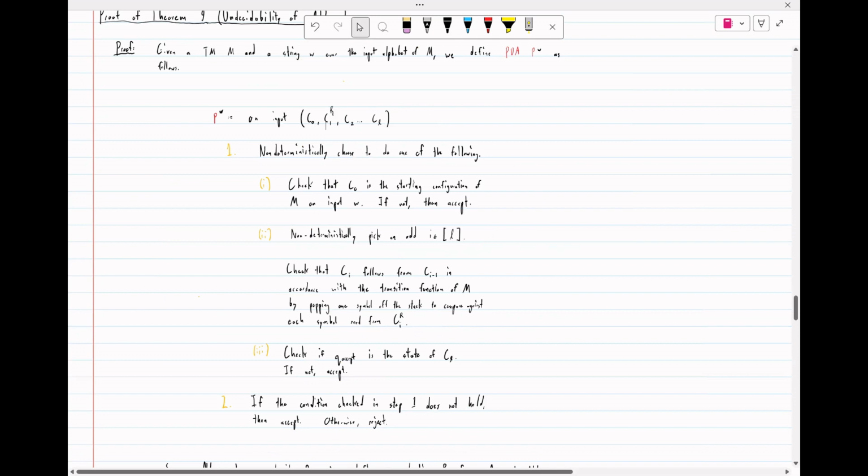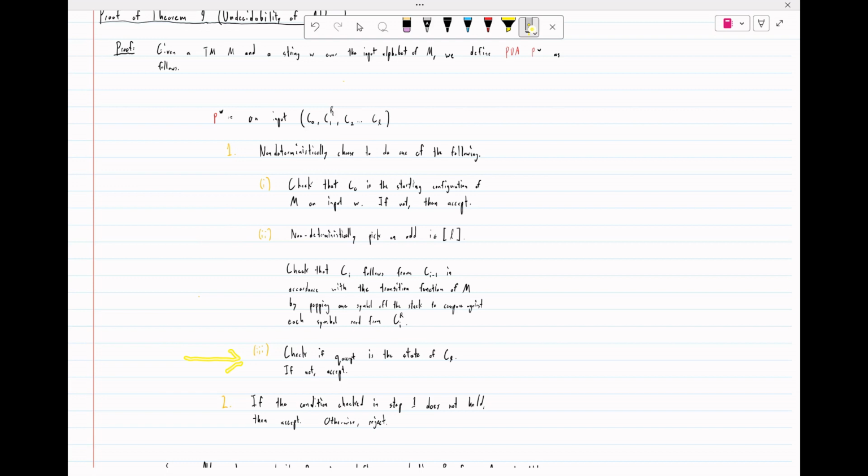Here's how our PDA is going to work. Non-deterministically choose to check one of the conditions necessary to be an accepting computation. So maybe it checks to see C0 is the starting configuration. Maybe it checks to see that each configuration follows from the previous one. And it can do that by non-deterministically picking a configuration to check, right?